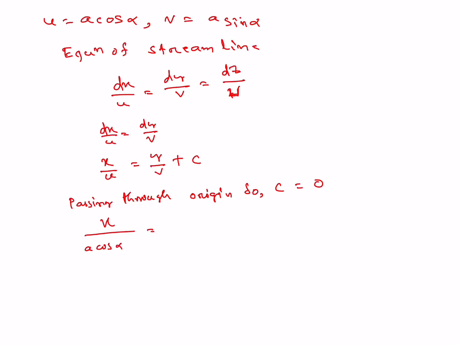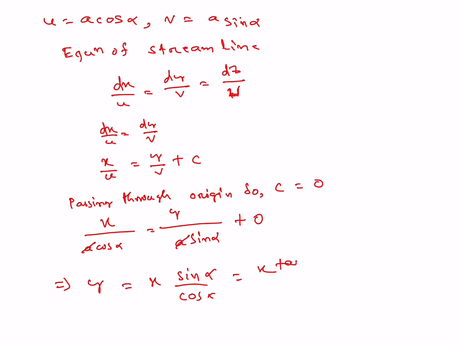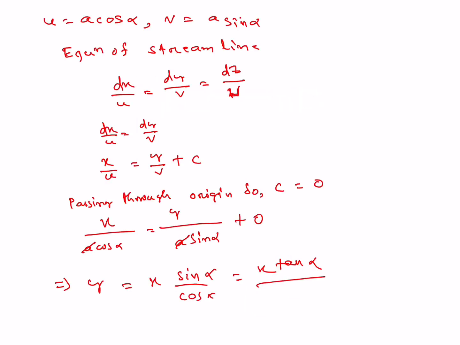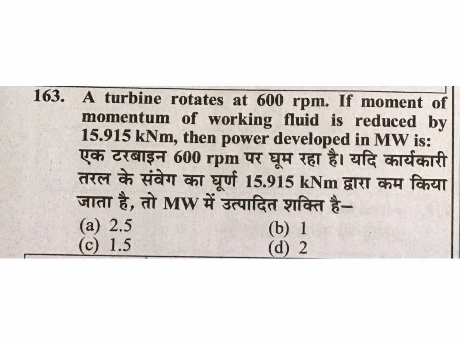A cos alpha. y by v is A sin alpha, plus 0. So y equal to x sin alpha by cos alpha, this is your answer. y equal to x tan alpha. D is your correct answer. The only thing you have to remember here is, passing through origin, c equal to 0. This streamline equation is very important.